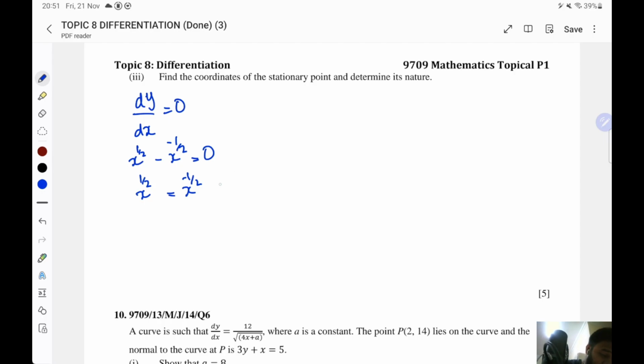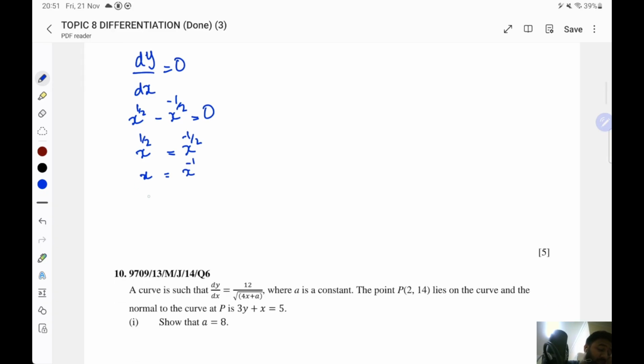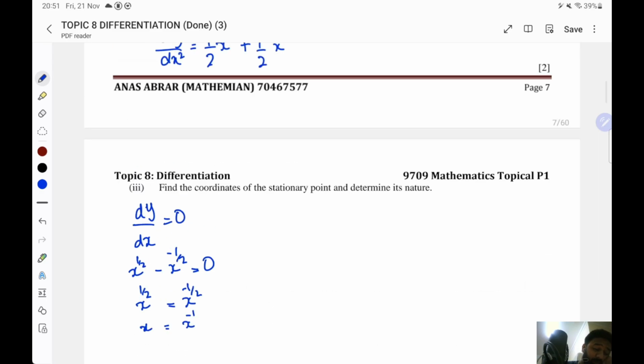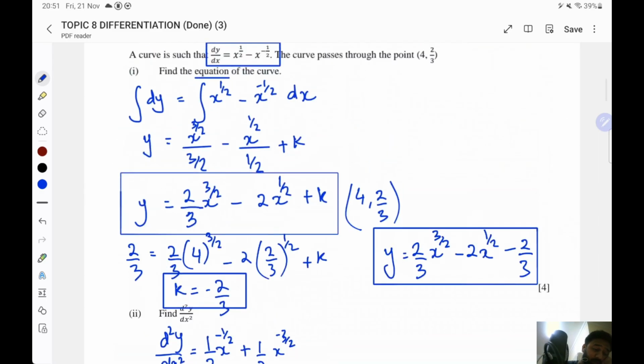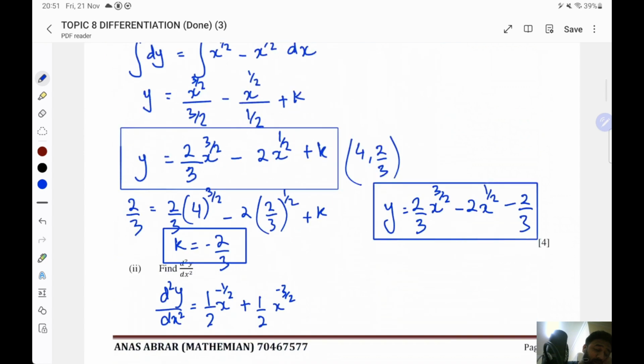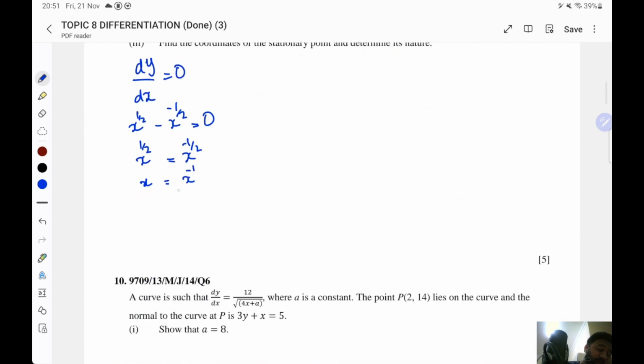If I take square on both sides, it will be x equals to 1 over x, so x squared will be equal to 1. So the value of x is going to be 1.